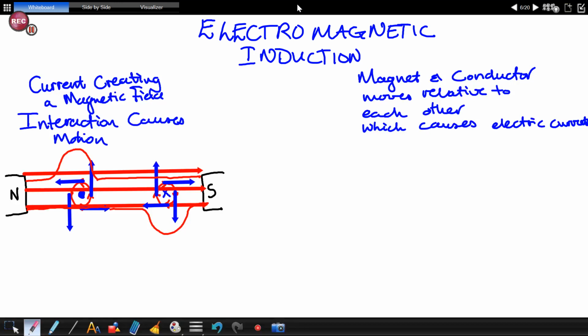And we have a rule. We can't guess or memorize this. It's too much. So we have Fleming's left-hand motor rule to help us get the direction of the motion of the loop or the conductor or the coil. Are you with me?